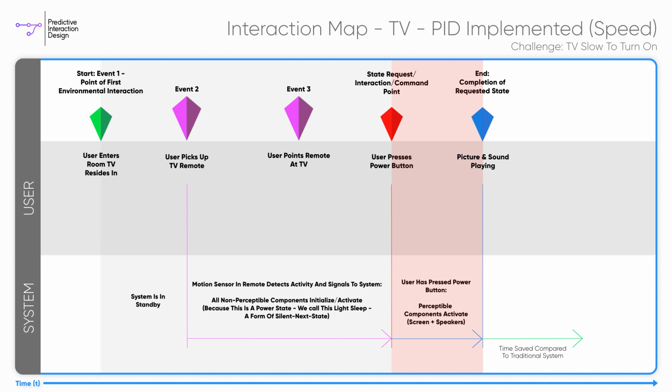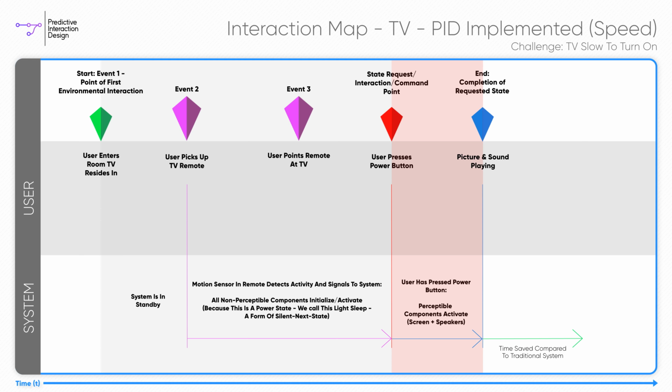So then while the user is picking up this TV remote and then pointing it at the TV, all of the non-perceptible components are initializing and activating in the TV without the user's knowledge. And because this is a power state, we call this light sleep, which is a form of silent next state. We'll be talking more about light sleep a little bit later in this section.